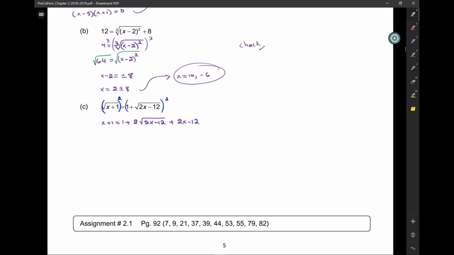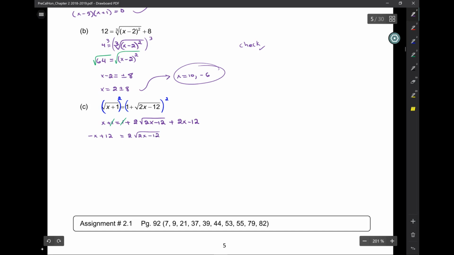Okay? So first of all, look, you have a plus 1 here and a plus 1 there. Those just go away, right? And then eventually when you bring everything over, you're going to have negative x plus 12 equal to this root.